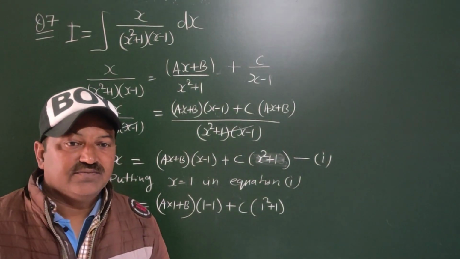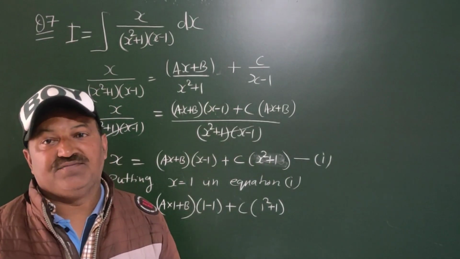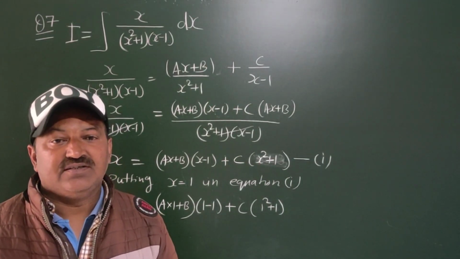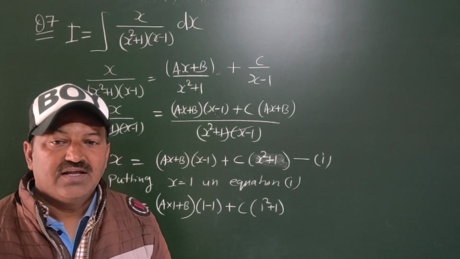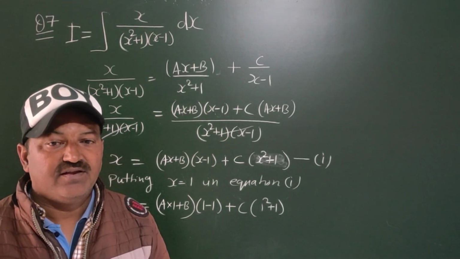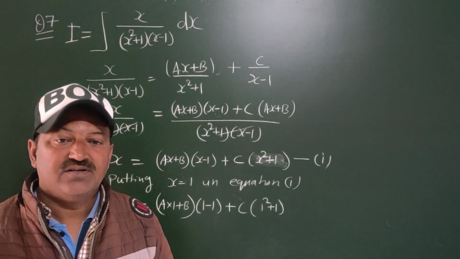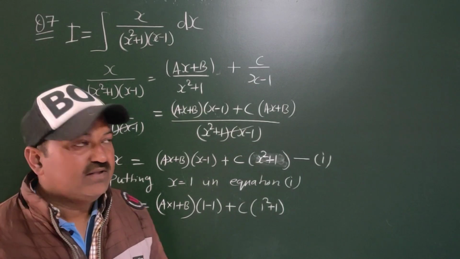Dear students, now let us discuss the second type of partial fraction. The question in which there is one or more factors at the denominator which is not linear, and we cannot make the real factors of that denominator.